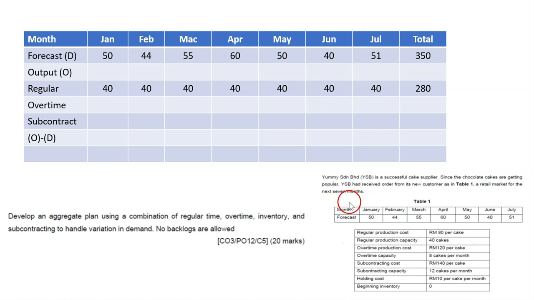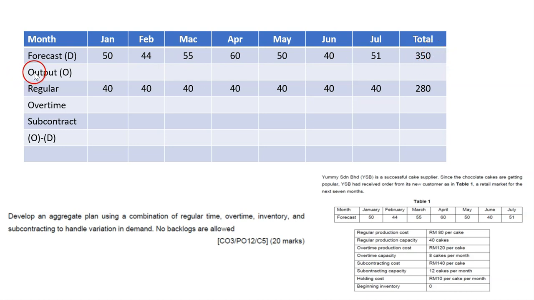Okay, so I need to set up the aggregate plan table. We start with the top part, in which we need the forecast data. These are the months, and these are the forecast demand. Then I need to total up the demand.